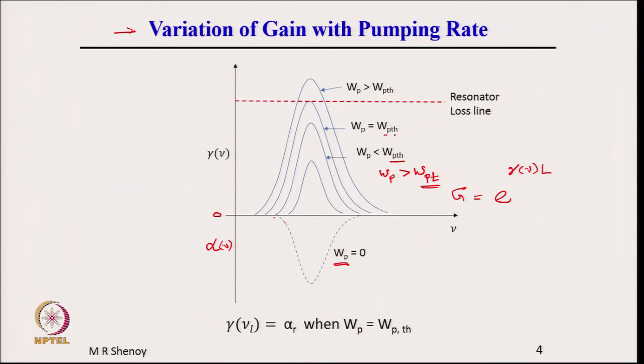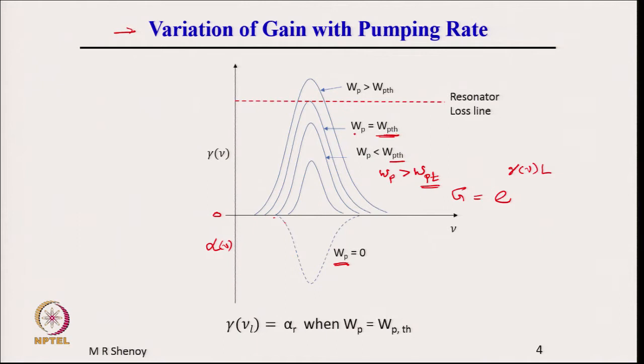Wpth here refers to the pumping rate at threshold, that is when the gain coefficient is equal to the resonator loss coefficient. This Wpt is when the gain coefficient is 0, that is neither loss nor gain, and Wpth, th here standing for threshold.